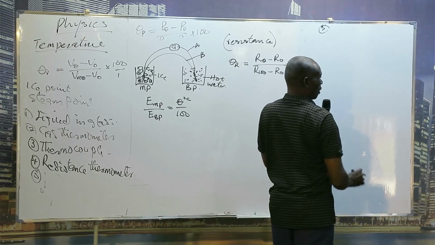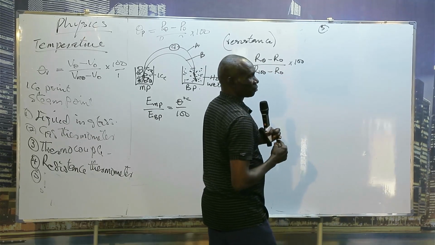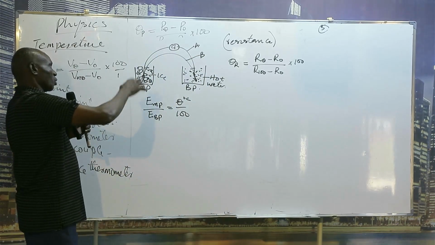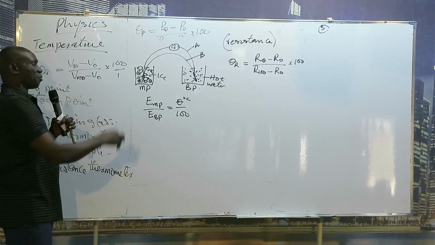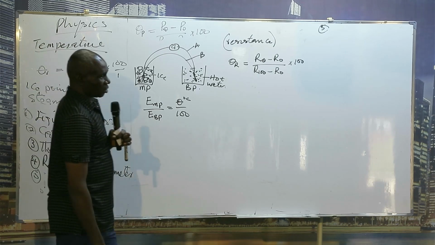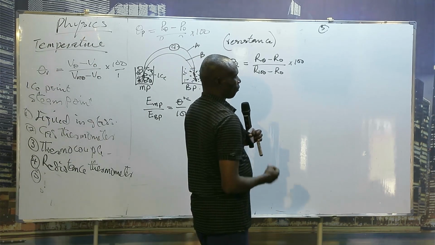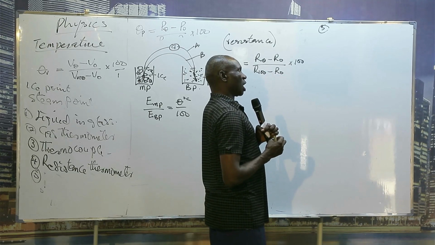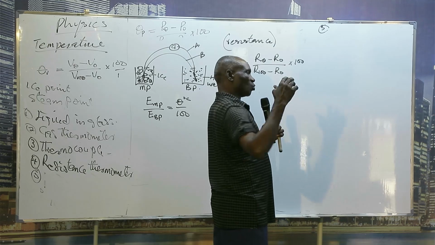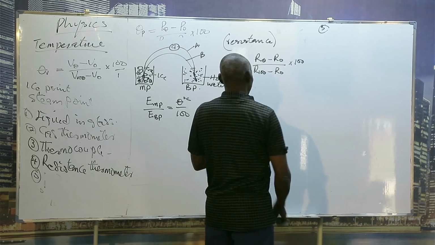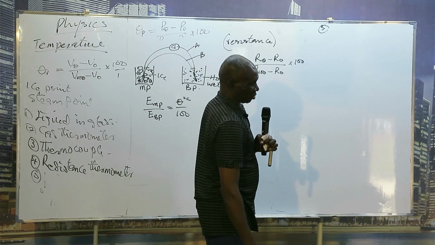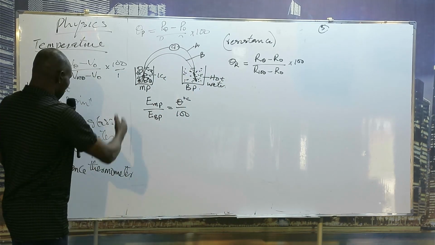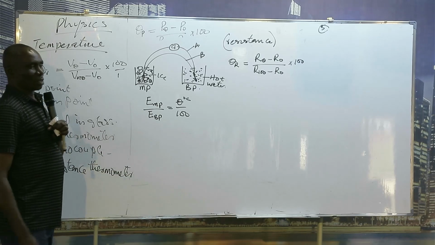Let us go into the ones without equations, but they still have the property. So let us look at the other thermometers without equations for their calibrations. We're already through with these ones with their mathematical values.